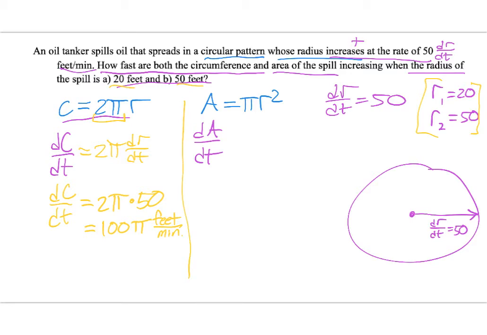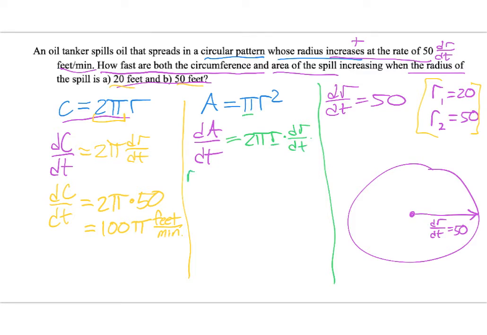Okay, let's look at my area. So again, pi is a constant, so the derivative of area with respect to time is going to be 2 pi r. Implicitly, we have to include dr/dt. Here we have both an r and a dr/dt.